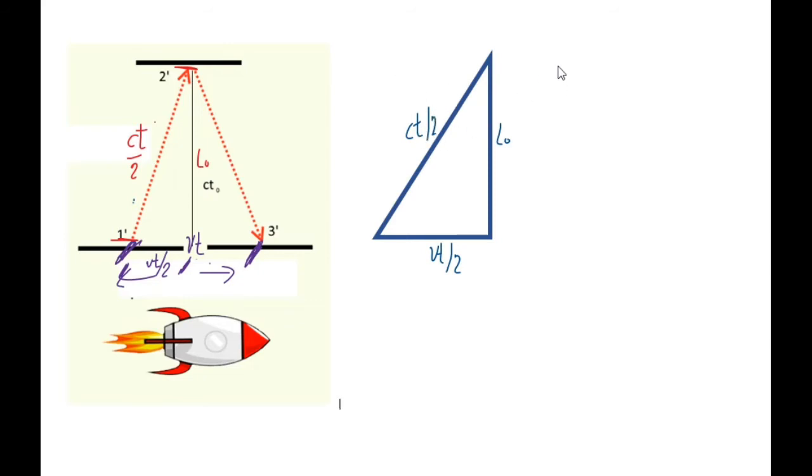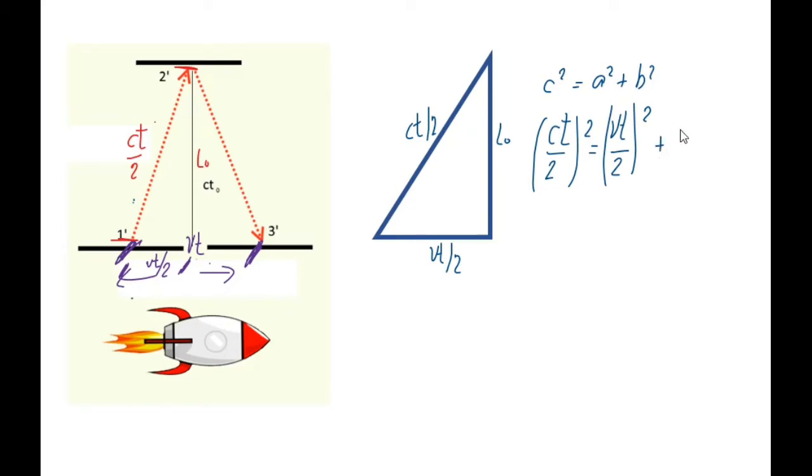Wherein we have, recall that Pythagorean theorem, we have c squared is equal to a squared plus b squared. So this is our longest side. We have CT over 2 squared equals, ang a natin, we can have this one, VT over 2 squared plus L0 squared.